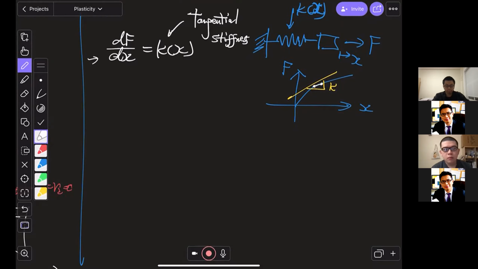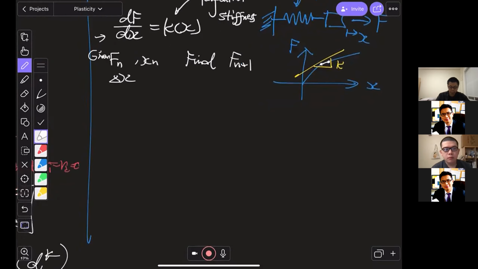And then let's consider that I have an Fn, which is the force at time equals to tn, for given xn. And then we also know the increment delta x or whatever. So find Fn+1 or vice versa. Okay, so how do we do it?